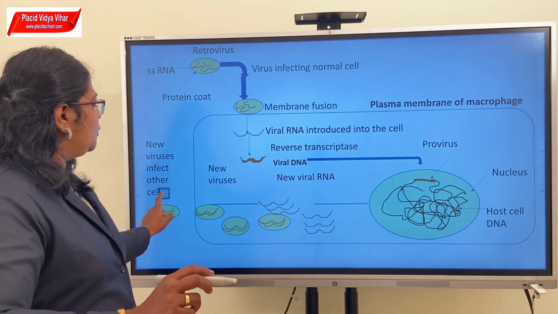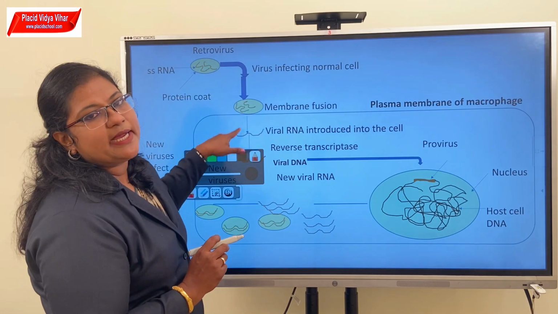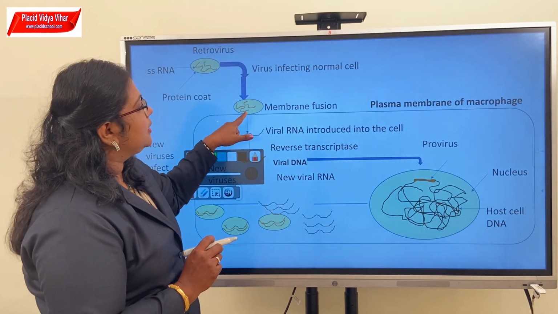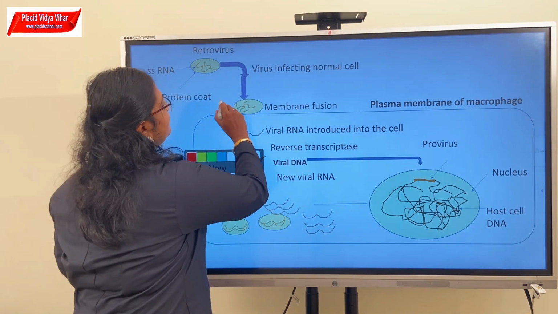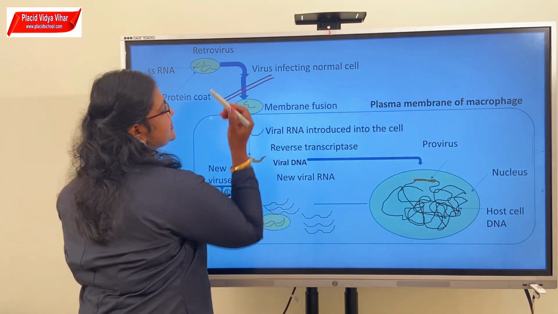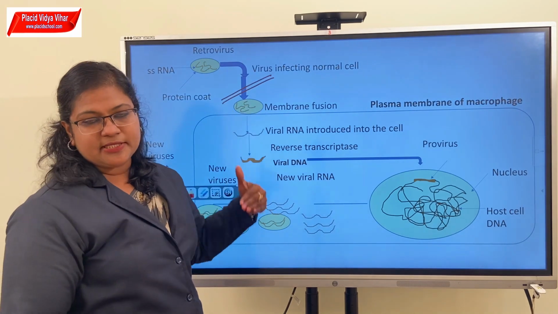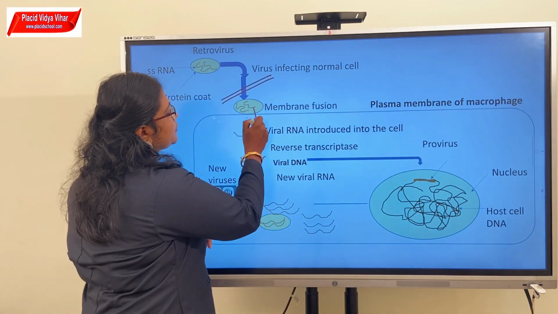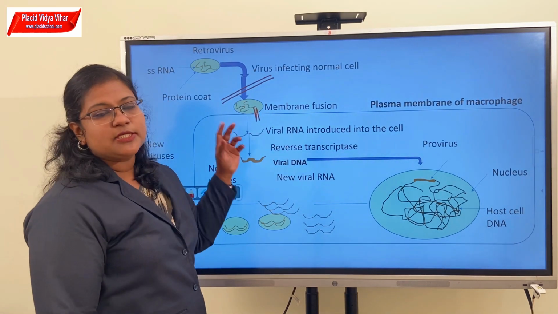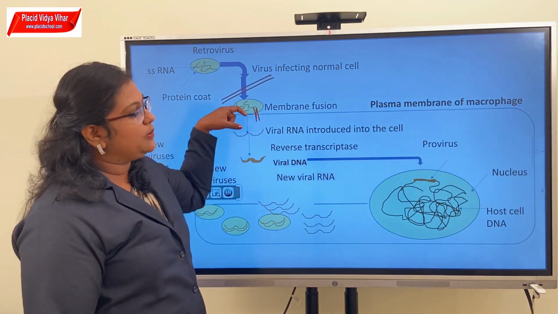Some medicines cater to the binding of the virus on the membrane of the CD4 cells. That means they will be blocking this particular step. They will be preventing either the binding to the receptors or the process of membrane fusion. So there are classes of drugs which deal with this step.